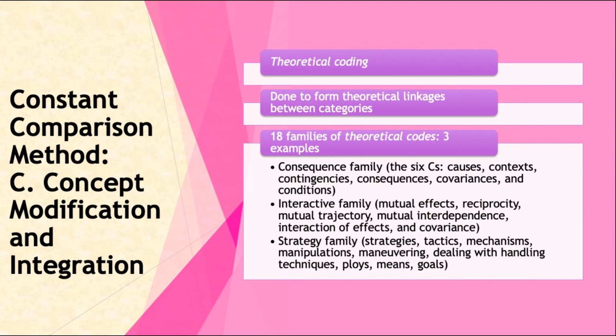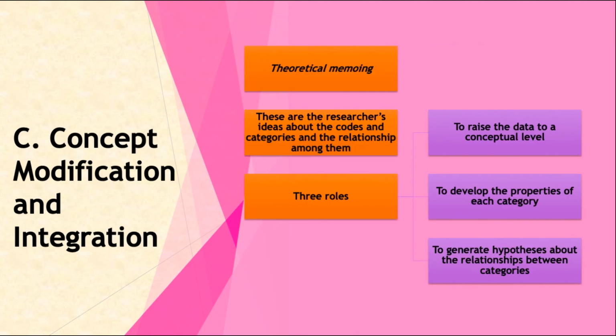And we have the strategy family, for example, strategies, tactics, mechanism, manipulations, maneuvering, dealing with, handling techniques, ploys, means, goals. So you will come to that and explain the relationship, for example, between these categories that are developed.